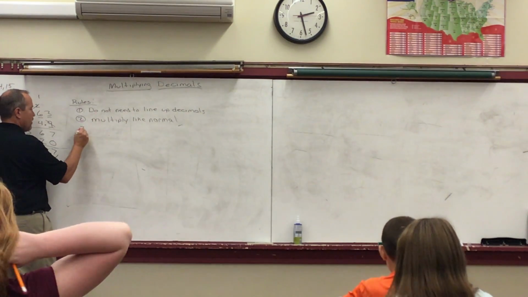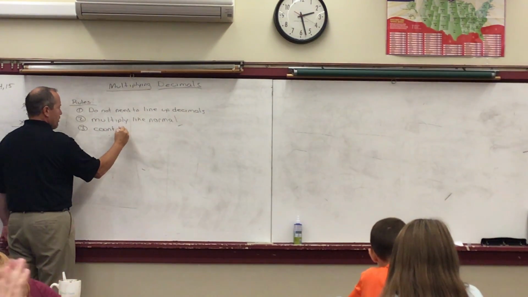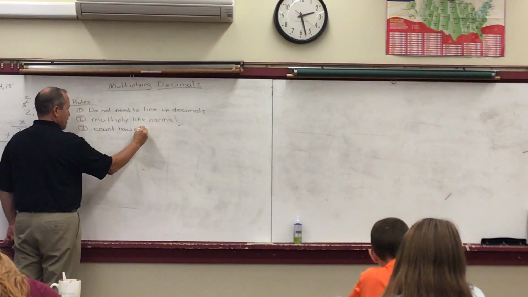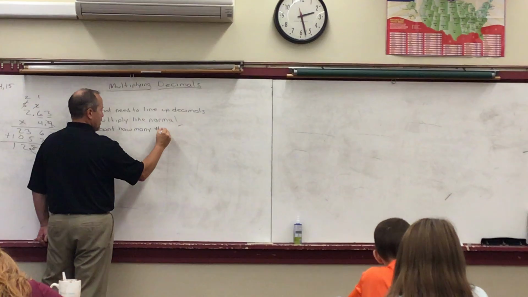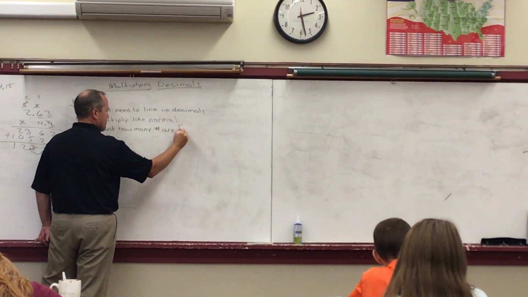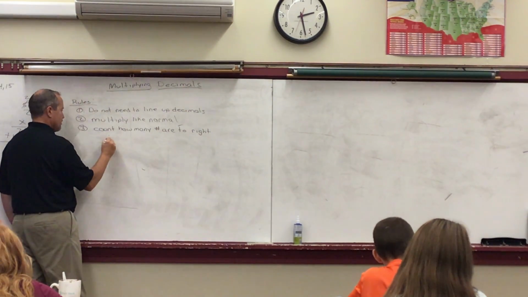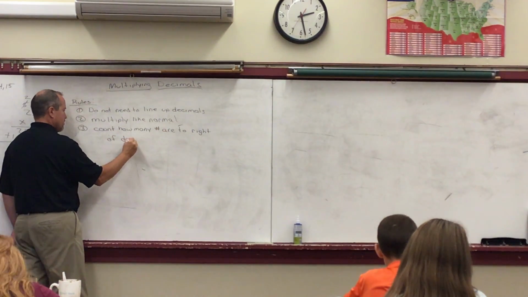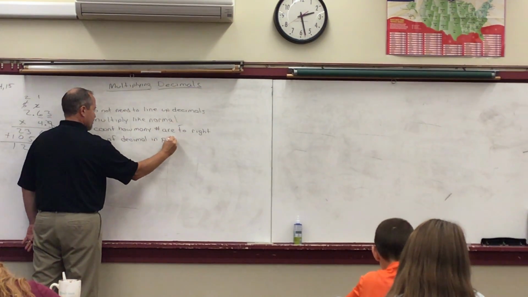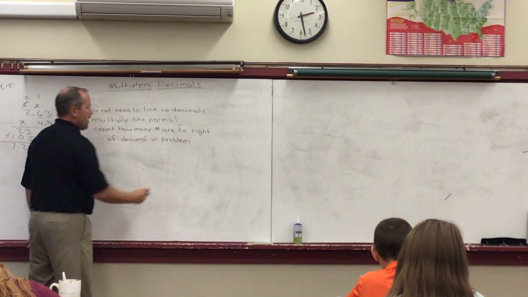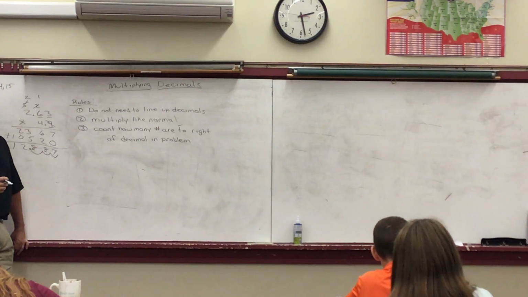Okay, so step 3. We're going to count how many numbers are to the right of the decimal in the problem. So we're going to count how many numbers there are to the right of the decimal in our problem.